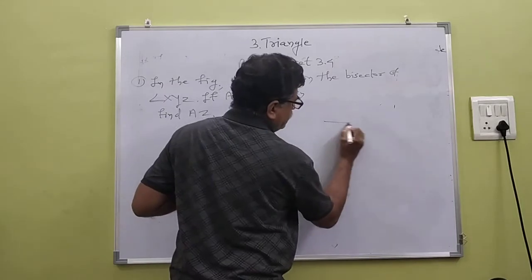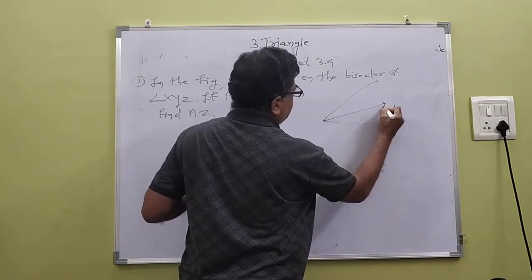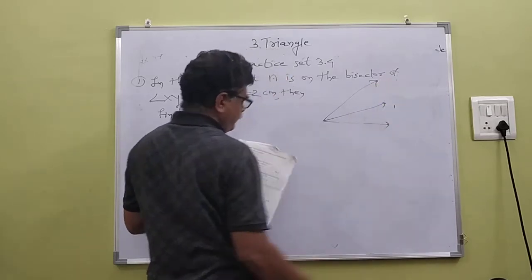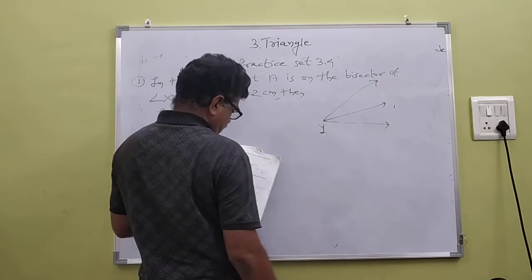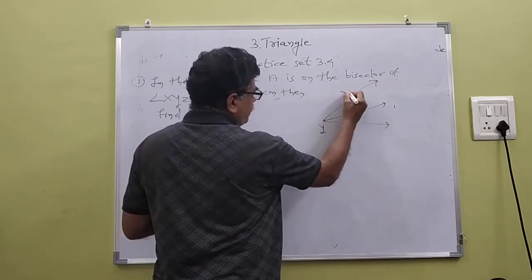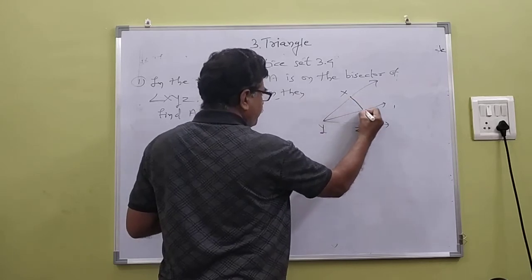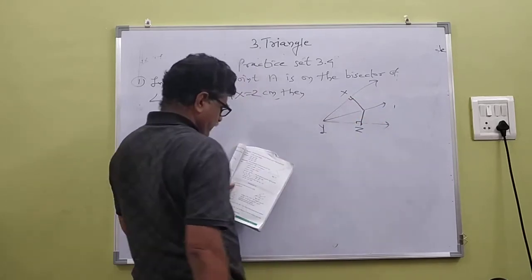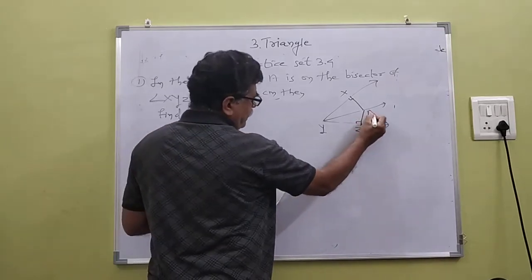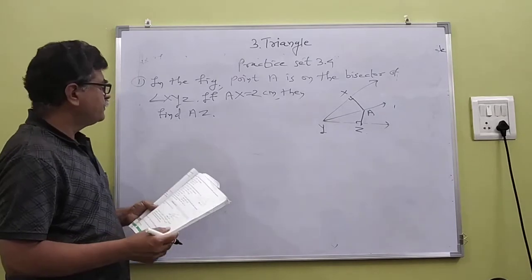Now here, this is the figure. Here we have given this point is Y, angle XYZ. This point is A. Now let us see in the figure.